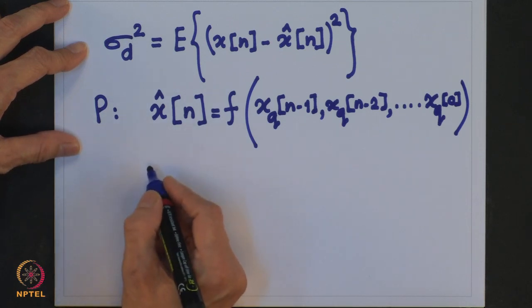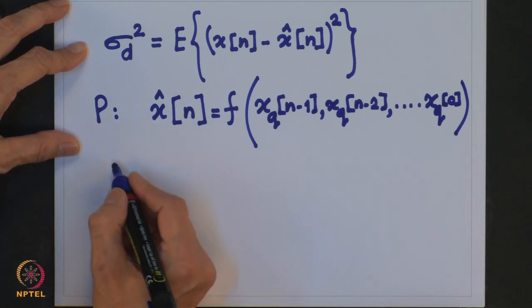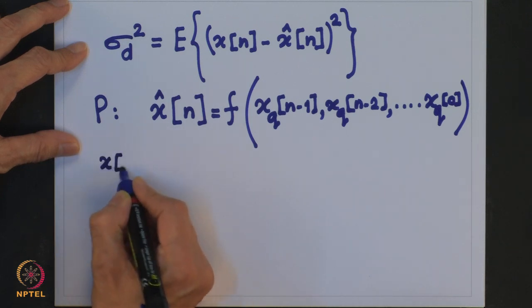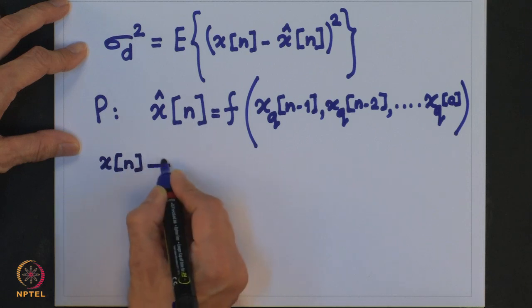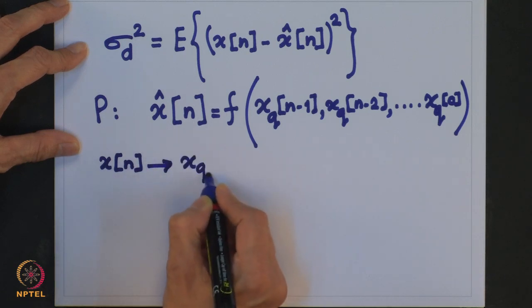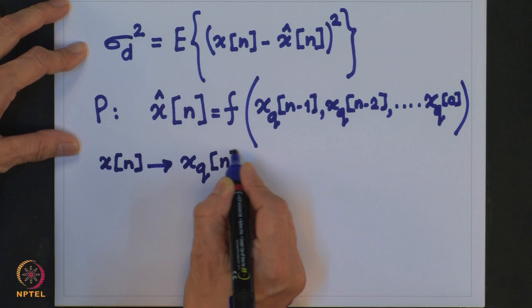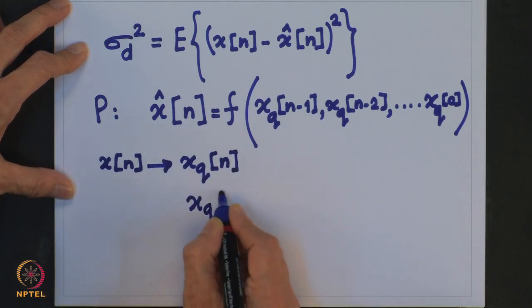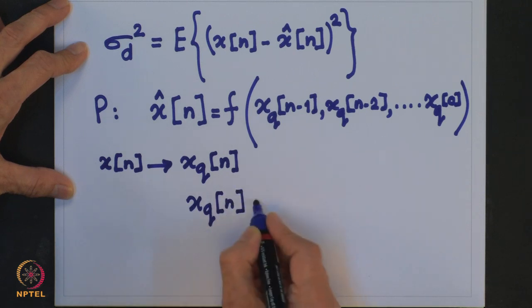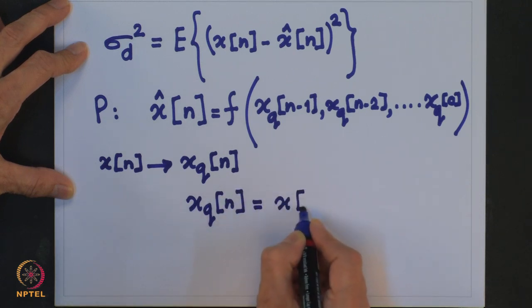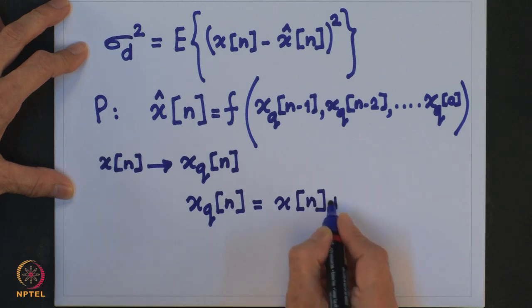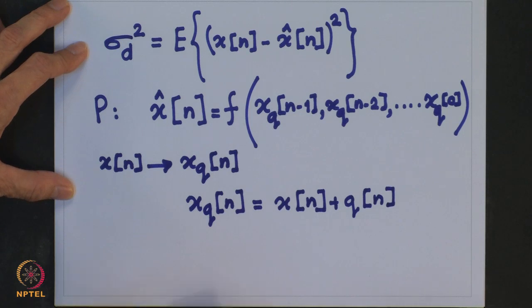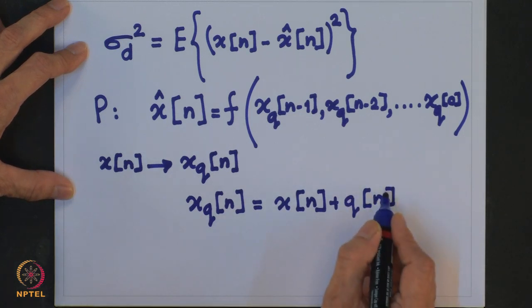The reconstructed sample of xn is xq, and this xqn is equal to xn plus quantization noise.